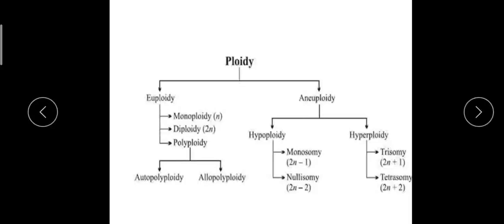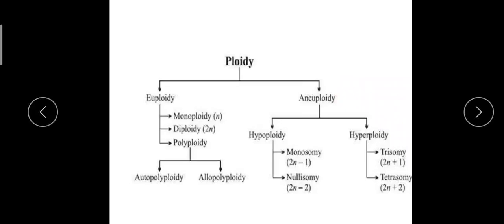Euploidy is a numerical change wherein the entire chromosome set is changed, whereas in aneuploidy there will be a change only in the number of chromosomes, not the whole set. Only one or a few chromosomes will be found in addition, or they may be deleted.